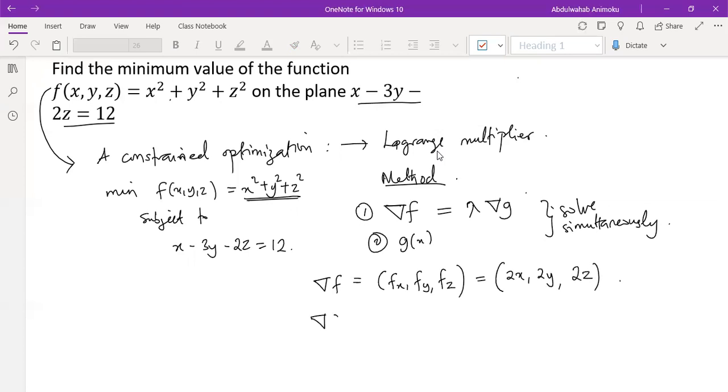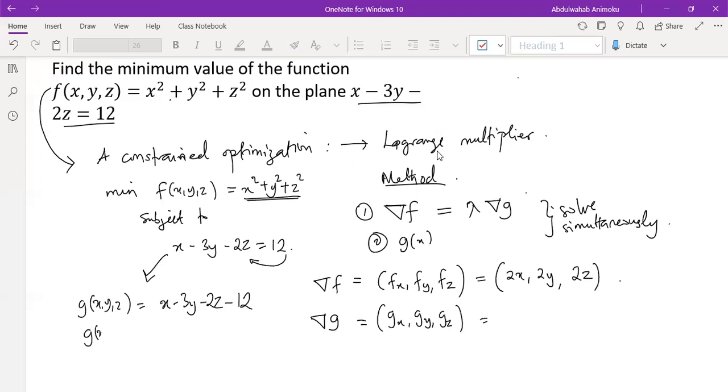Now let's find the gradient of g, which is gx, gy, and gz. Remember that we make our g of x, y, z this function minus 2z minus 12. So you take everything to this side so that g of x, y, z is equal to 0.